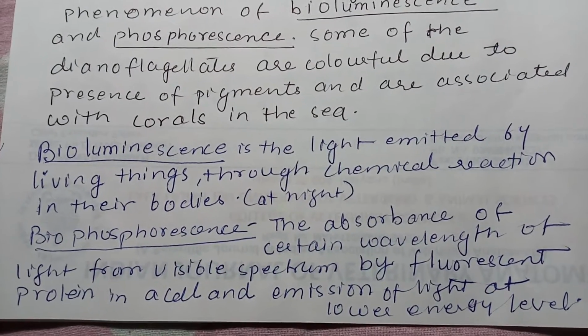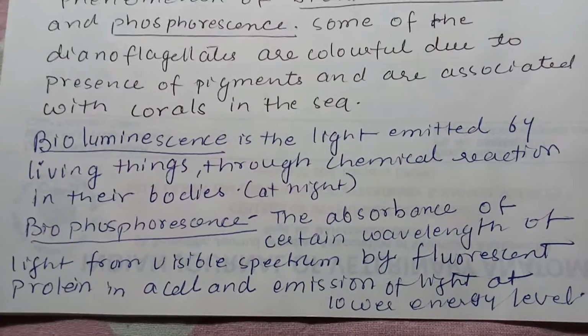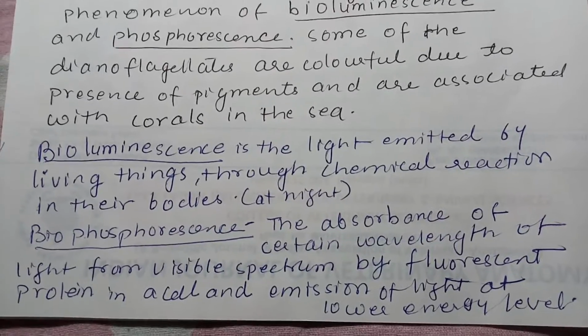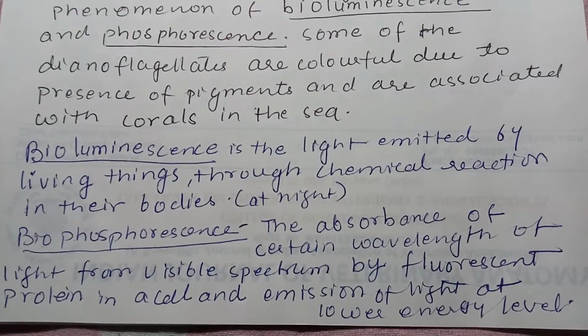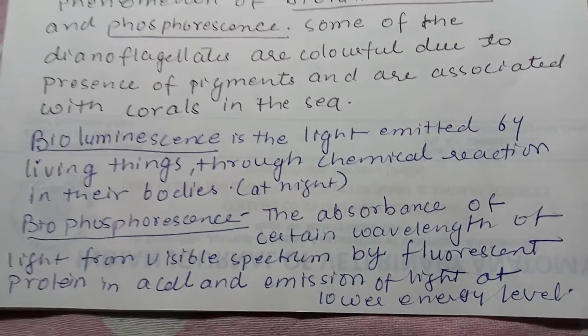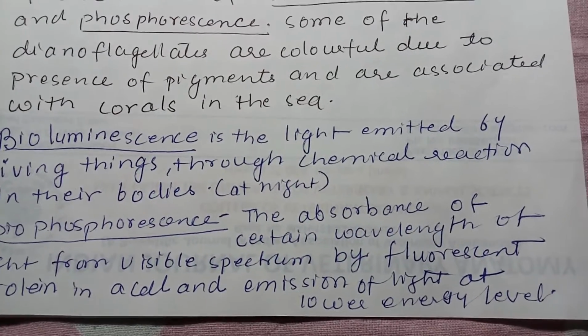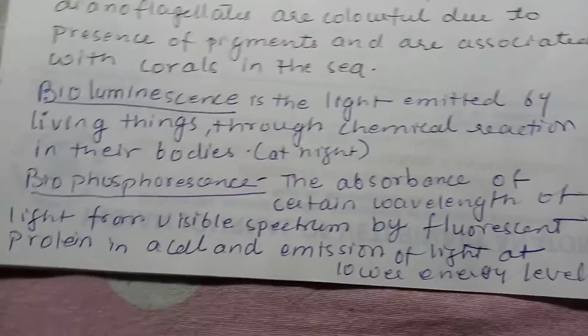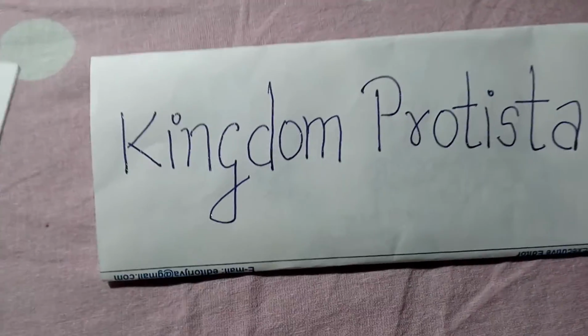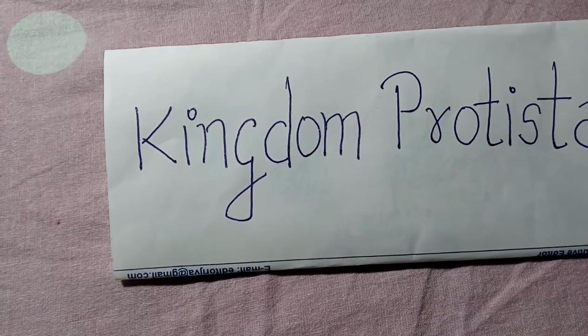It means the light which is absorbed is actually emitted. So this light is absorbed by a fluorescent protein such as luciferin in the cell, and emission of light occurs at a lower energy level. So let's see some examples over here.